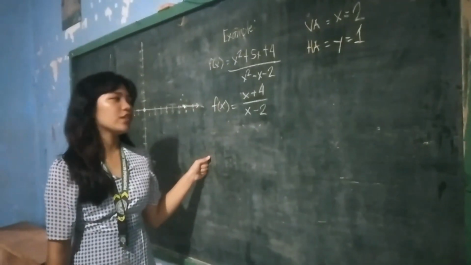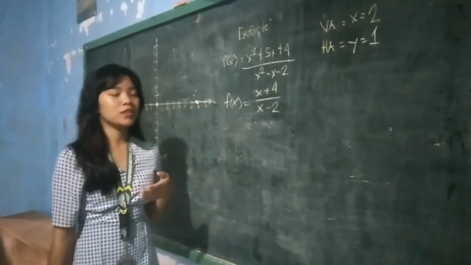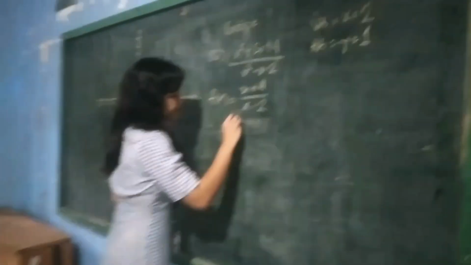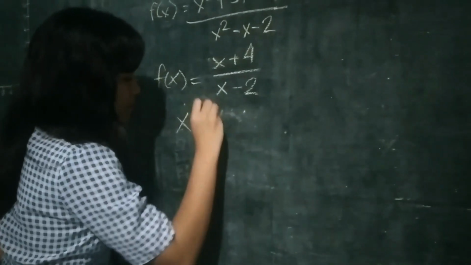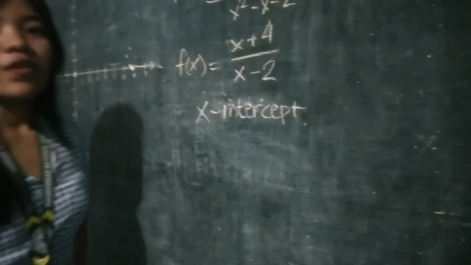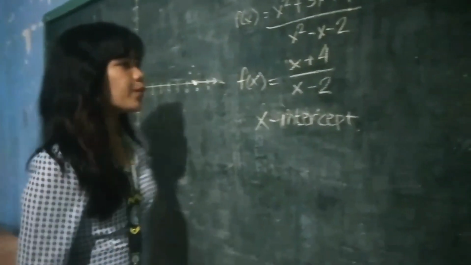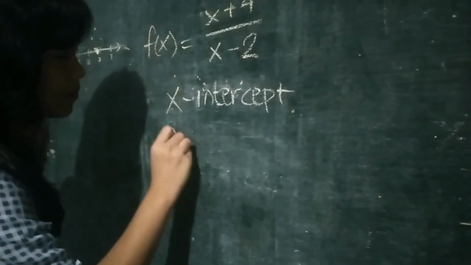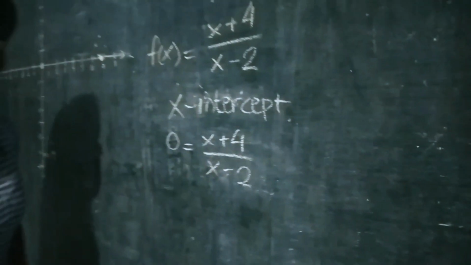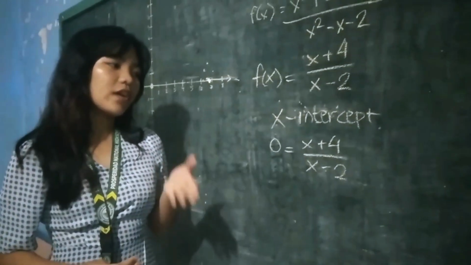Next we're going to find its intercepts since we're done with the asymptotes. First we're going to find its x-intercept. What we're going to do is let y be 0. And the next step is we're going to cross multiply.